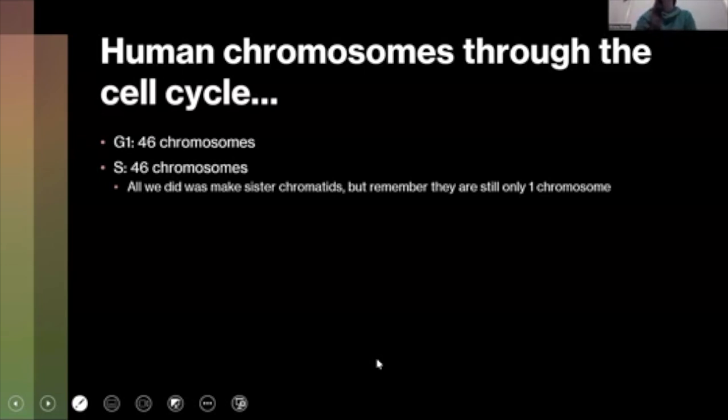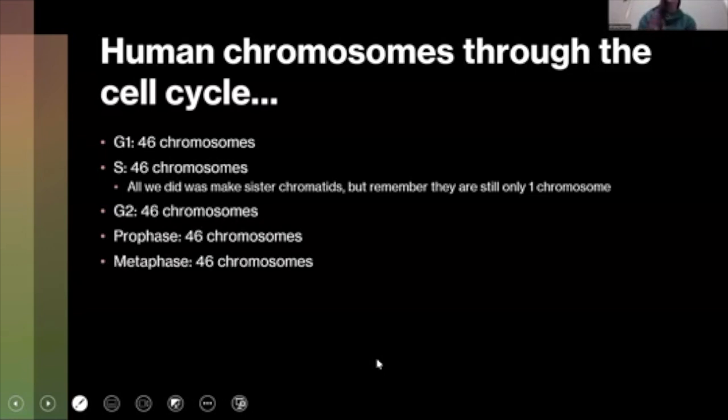Then we'll go into G2, 46 chromosomes. All we're doing in G2 is growing, making stuff for mitosis, so nothing's changing with our chromosomes. Prophase, 46 chromosomes. All we're doing is packing them up, but there's still 46. Metaphase, 46 chromosomes. They're now in the middle, but there's still 46.